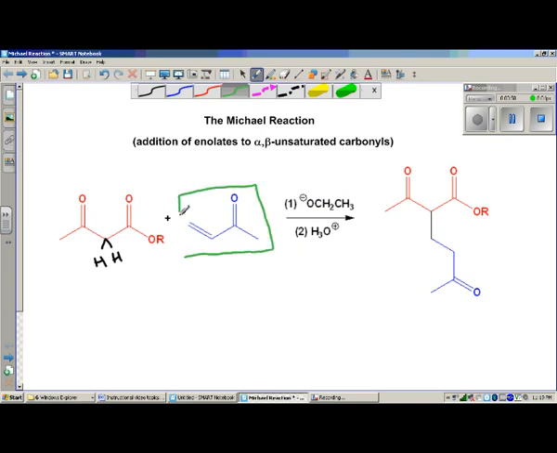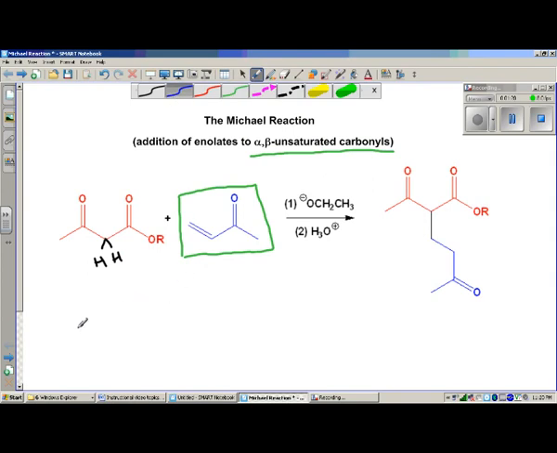And it attacks an alpha-beta unsaturated carbonyl, and there's something special about this, because usually what we've seen before in enolate chemistry is that the negative charge from the enolate will go over and attack the carbonyl carbon, but in this case it's a little different.